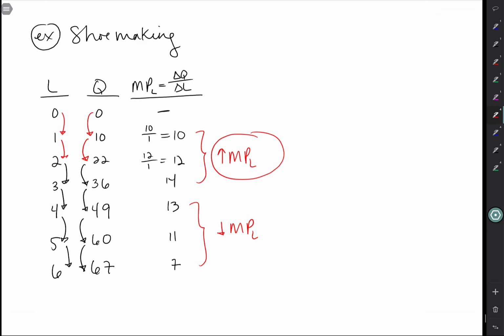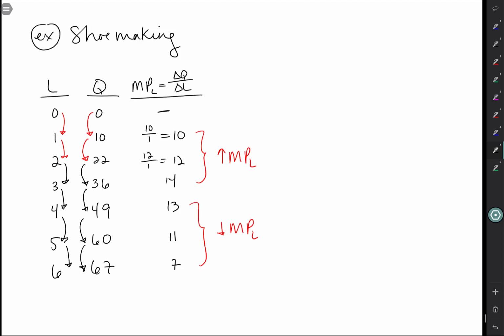That is possible, for example, in my shoemaking story. And when this happens, think about what the production function should look like. The production function is the total product function, and the slope of the total product function is the marginal product.